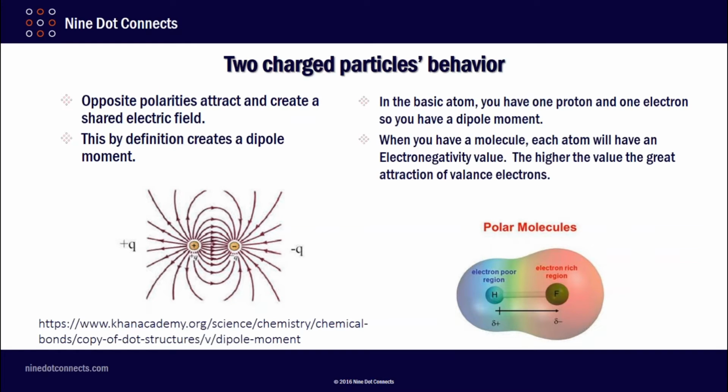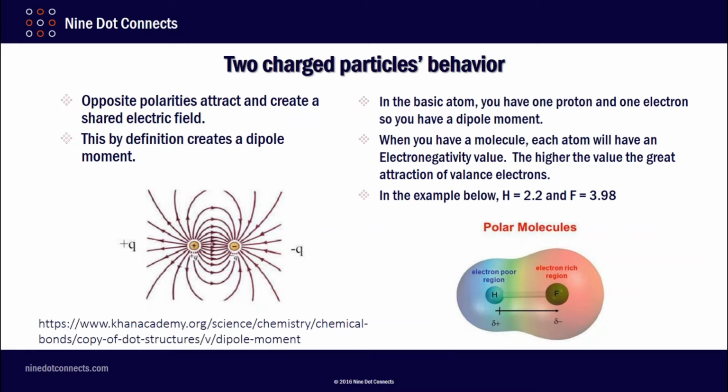But when you have a molecule like what you see below, each atom is going to have a certain electronegativity value. The higher that value is, the greater the attraction of those valence electrons is going to be. In the example below, the electronegativity of hydrogen is 2.2, and for the fluorine it's 3.98.